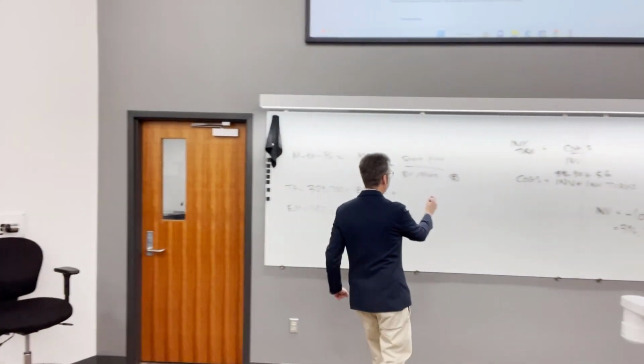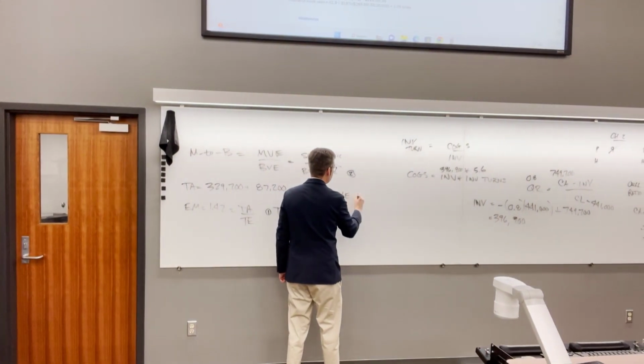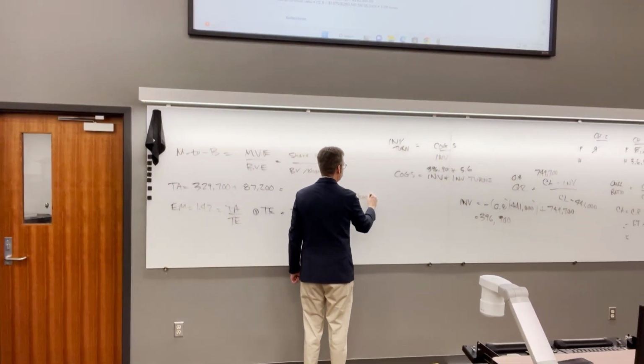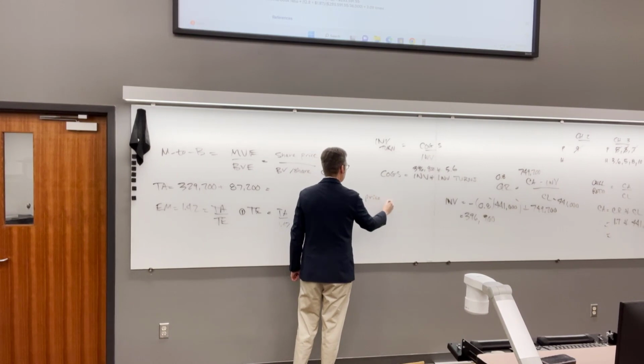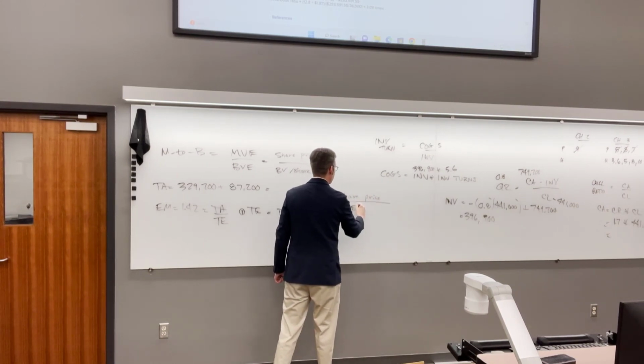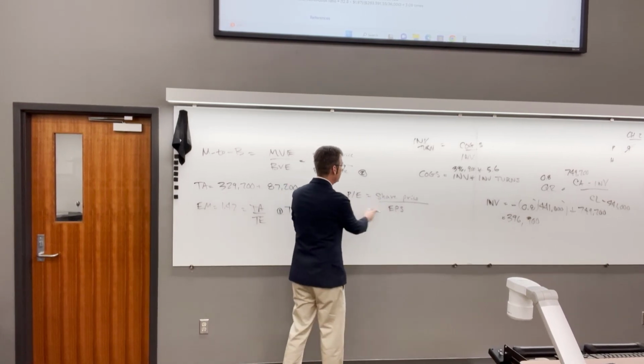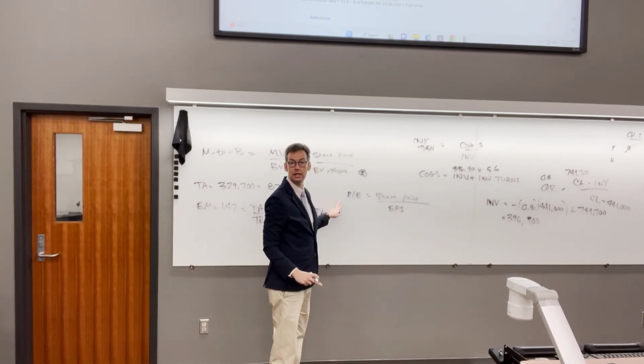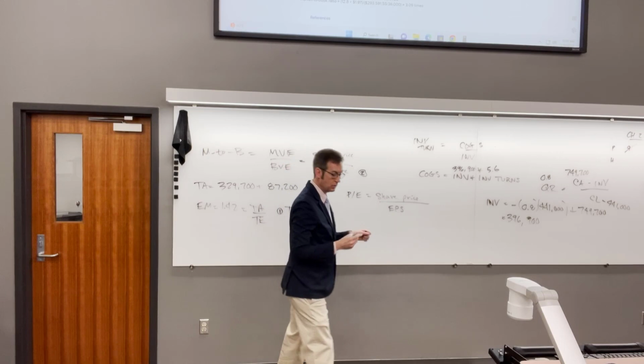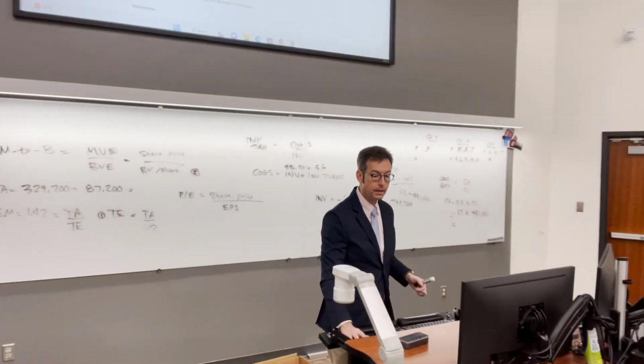Yeah, okay, so they give us earnings per share, and they also give us the PE. Very good. So PE is equal to share price divided by EPS, and all I've got to do to find share price is take PE times EPS. Does that make sense?